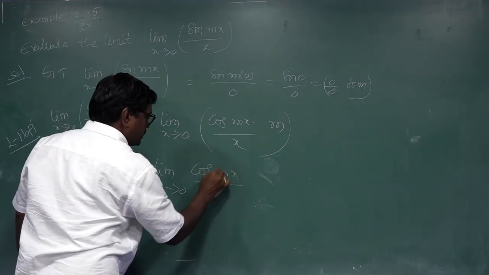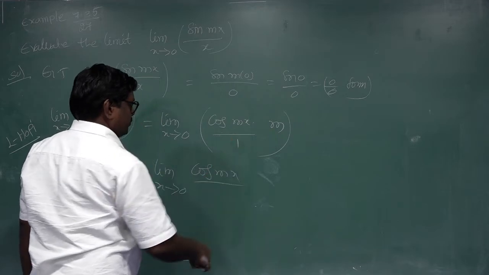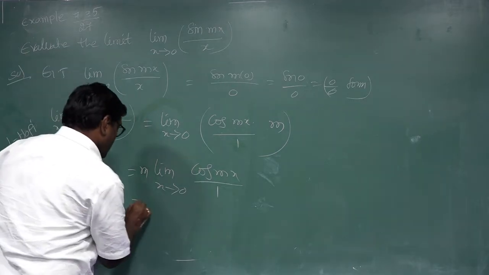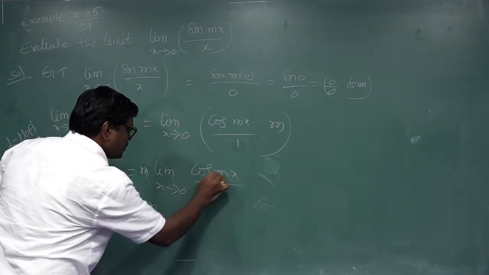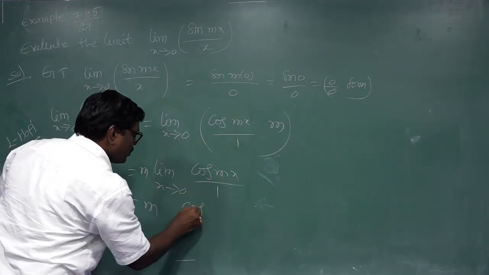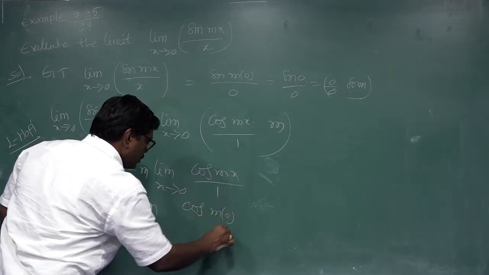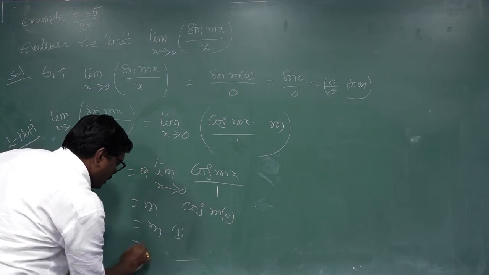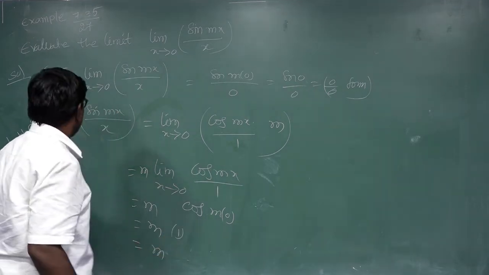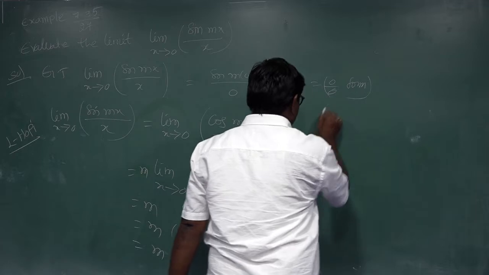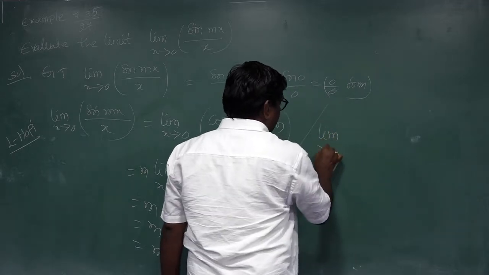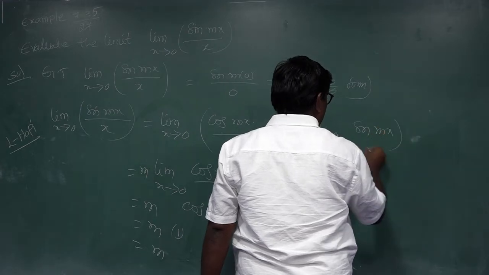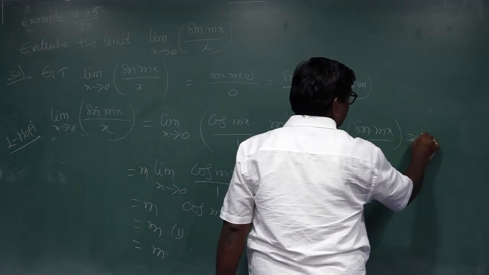By substitution, cos of m into 0 is cos 0, whose value is 1, so the result equals m. This is the limit as x tends to 0 of sin mx by x equals m.